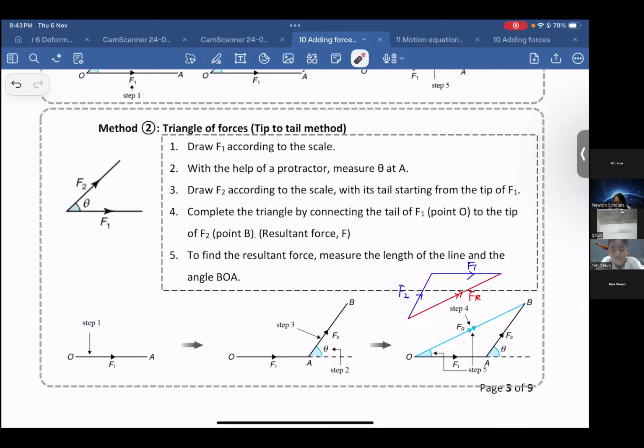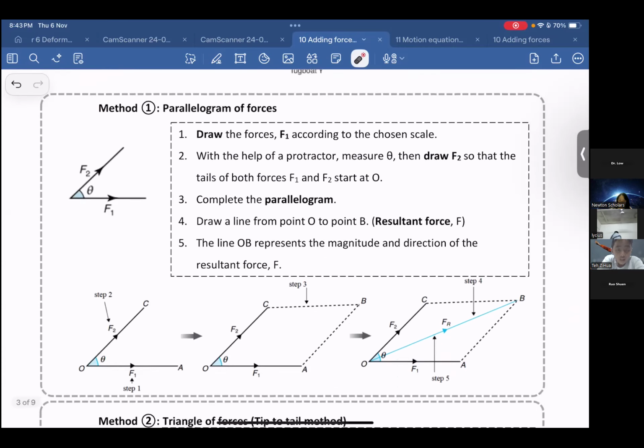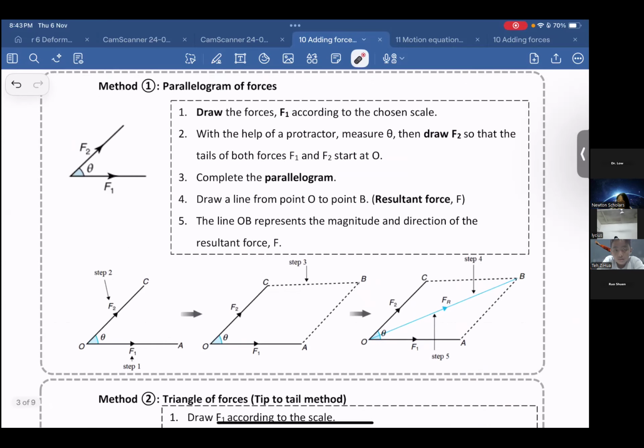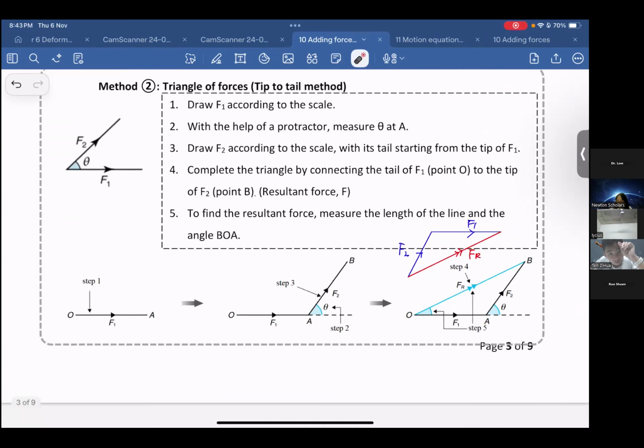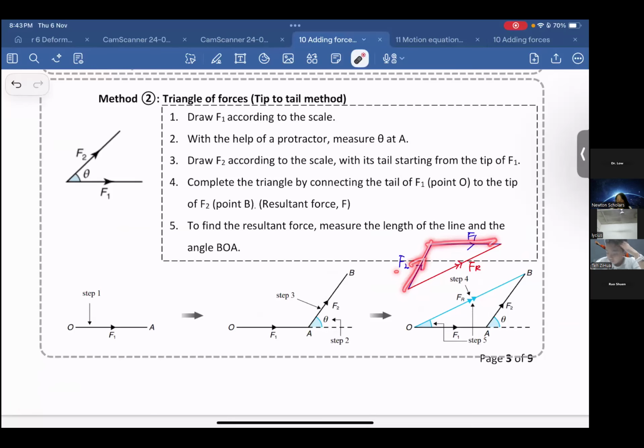Same like just now. Okay, when I combine these two triangles, make it together, actually it's called a parallelogram. You see this triangle? It's just now the triangle that shows on your worksheet. Then the upper part, this triangle, actually is what I drew. I stay the F2, I move the F1.